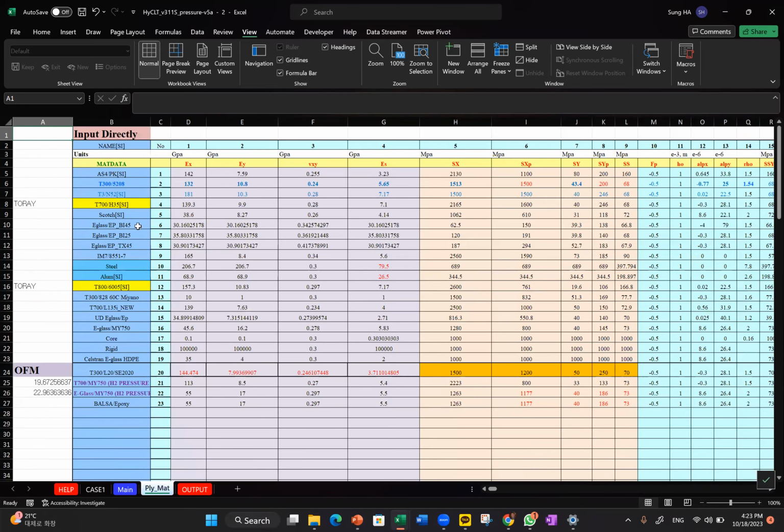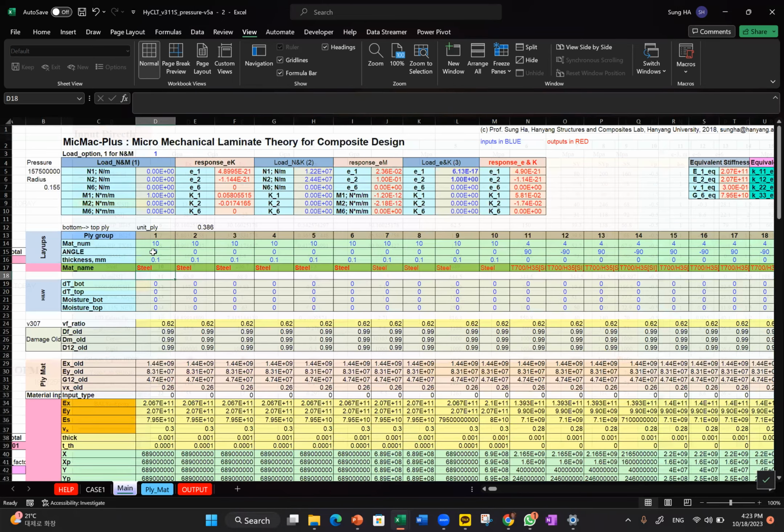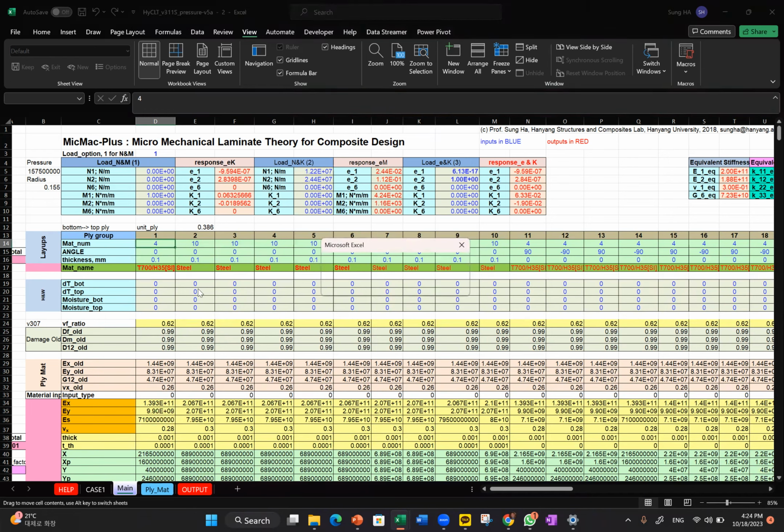A very typical one is number 4, T700. This is the Toray T700, number 4. So let's stack number 4. Now we have a T700 and just copy. Oops.